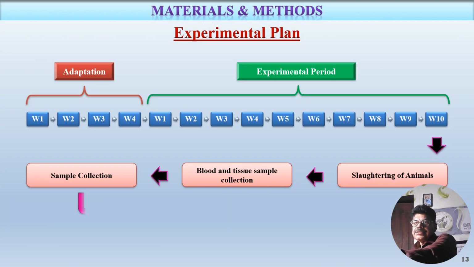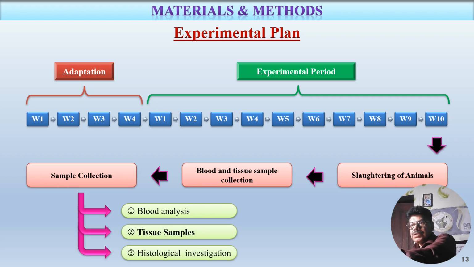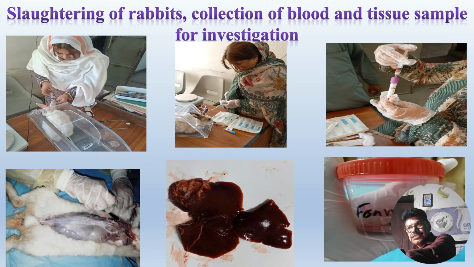Materials and methods: in this, we kept 20 animals for 4 weeks for adaptation and 10 weeks for the experimental period, and the animals were slaughtered. Then the blood and tissue samples were collected, and the blood was processed for blood analysis and the tissue was processed for histological investigation.